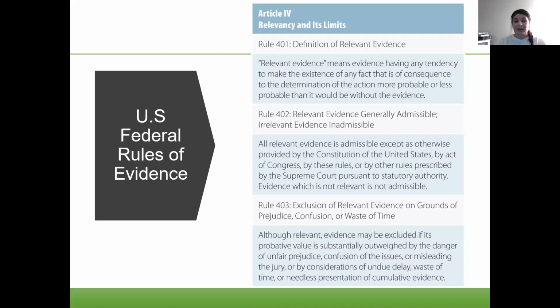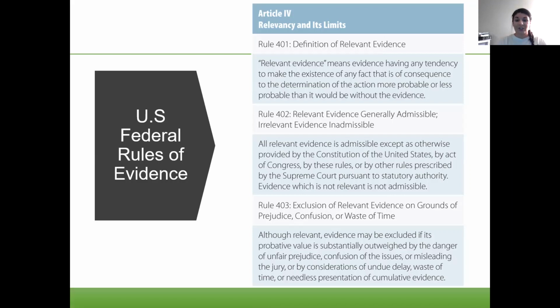It is more probable that they will drive home the fact that they are trying to show than it would be without evidence. So if the evidence helps prove the fact, then it means it's relevant. If it doesn't, then it's not relevant and it won't be in court.